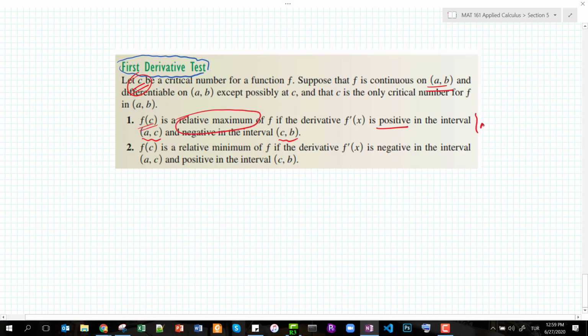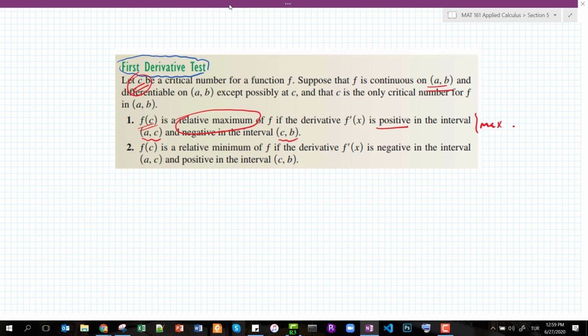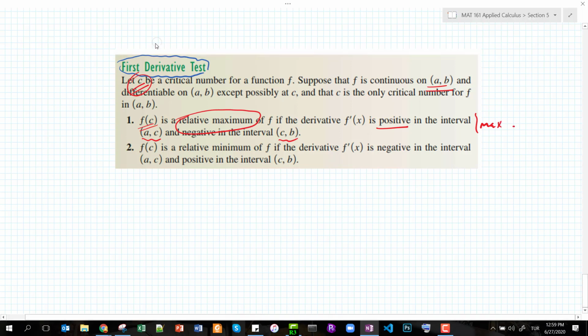That's the maximum. But if the case is the other way around, we are going to say that f of c is a relative minimum when f prime of x is negative on this interval, but positive on this interval. Then I'm just going to say that this is going to be my relative minimum, guys. So that's the first derivative test.